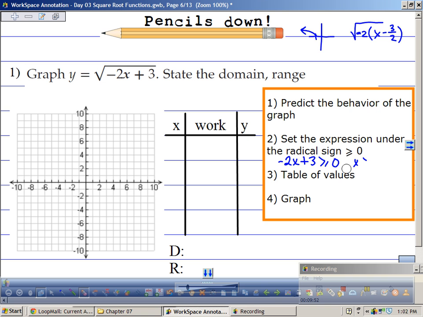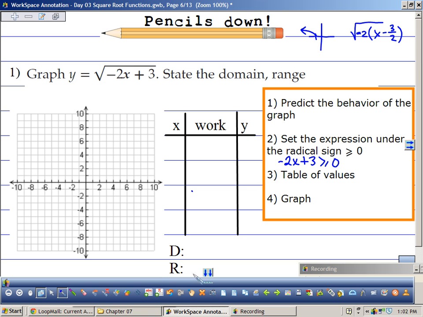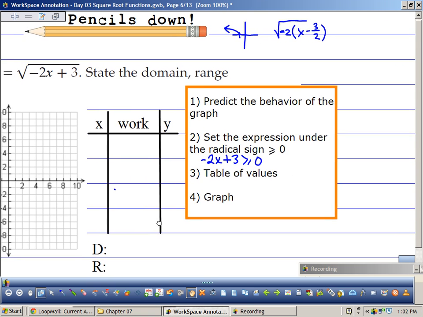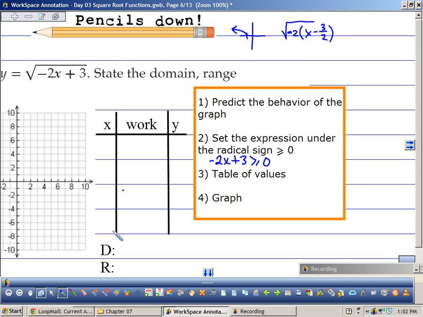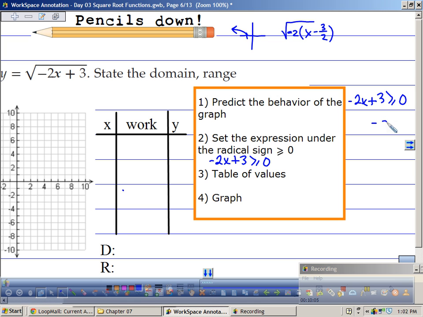Let's do that again. I'm going to do this one over here. Exactly. Negative 2x plus 3 is greater than or equal to 0. Subtract 3 from both sides, and I get negative 2x is greater than or equal to negative 3.